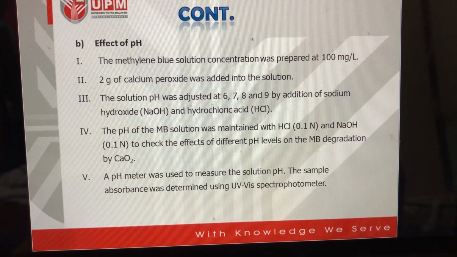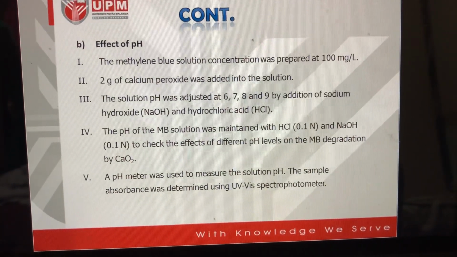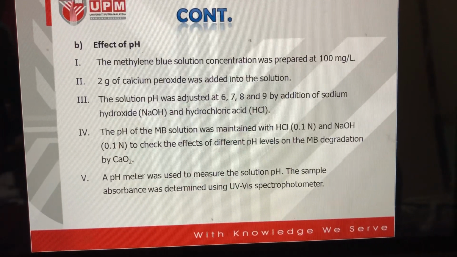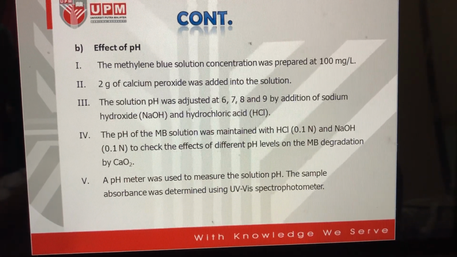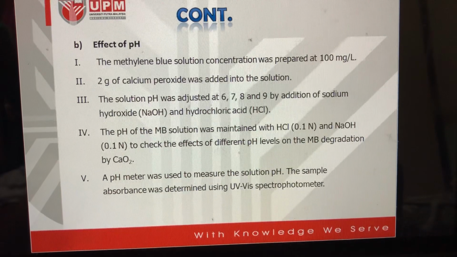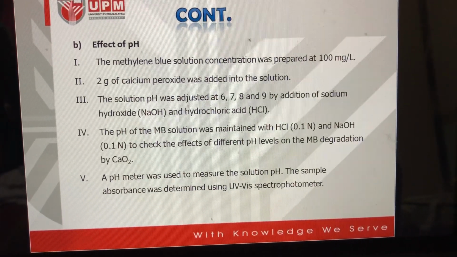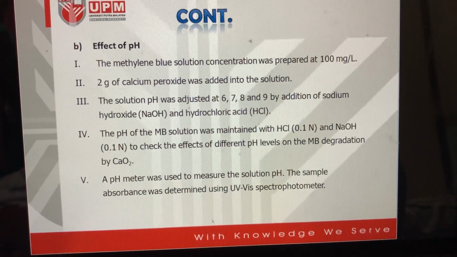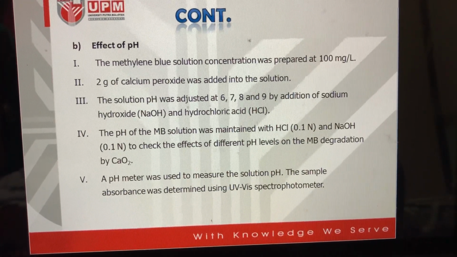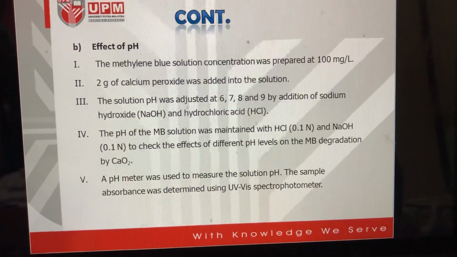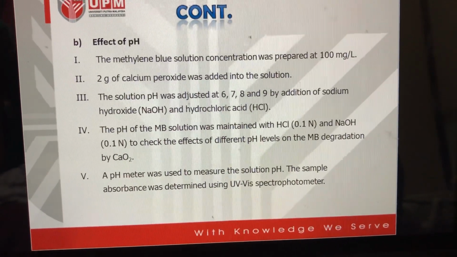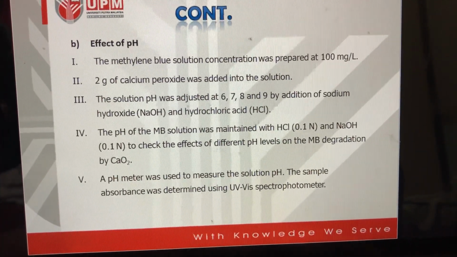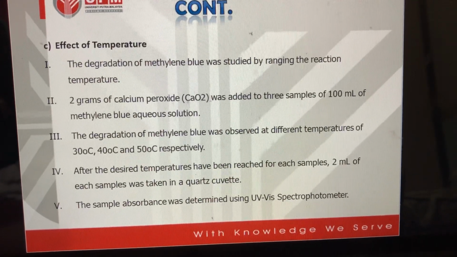The pH of the methylene blue solution was maintained with 0.1 M hydrochloric acid and sodium hydroxide to check the effects of different pH levels on the methylene blue degradation. The pH meter was used to measure the solution pH, and the sample absorbance was determined using the spectrophotometer.